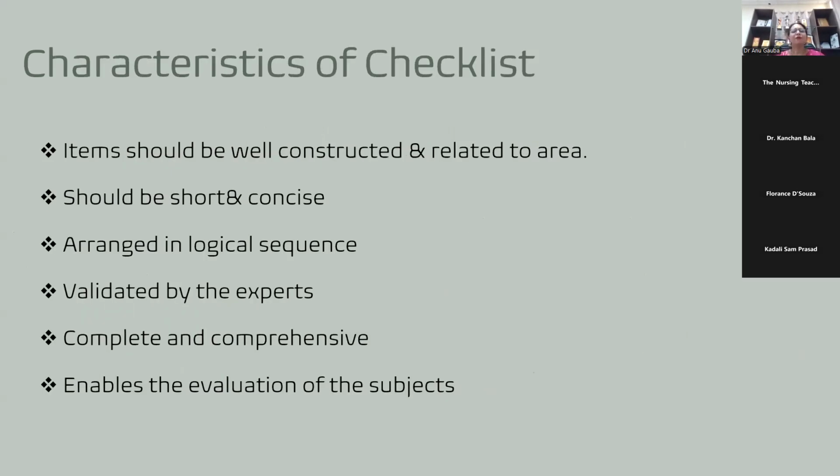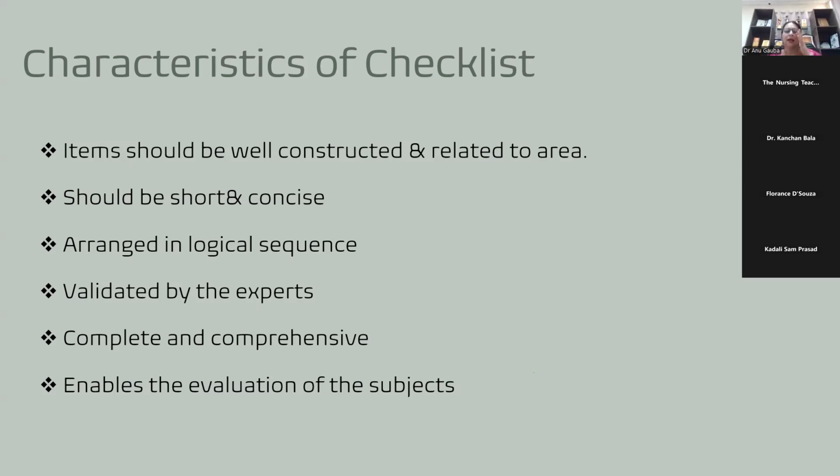Now, there are a few characteristics of a checklist. It has to be well constructed. All the items in your checklist have to be well constructed, and make sure they are related to your research topic and research area so that you are able to meet your research objectives.